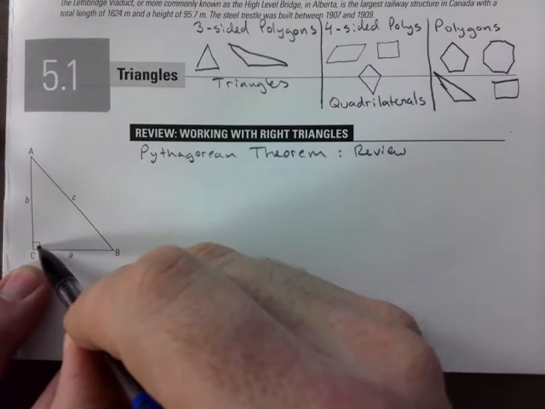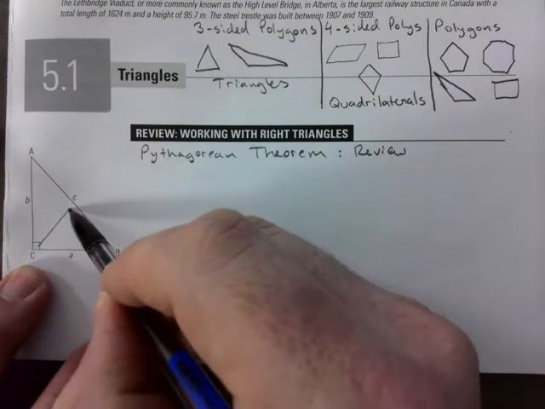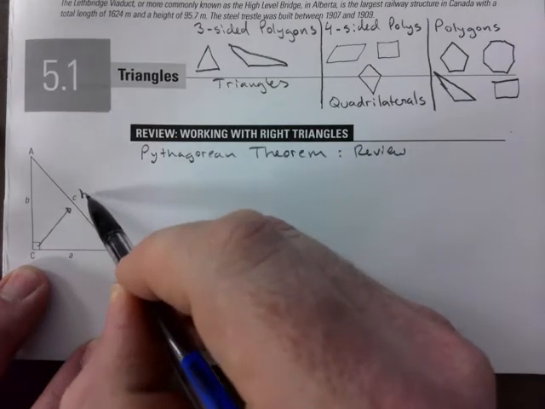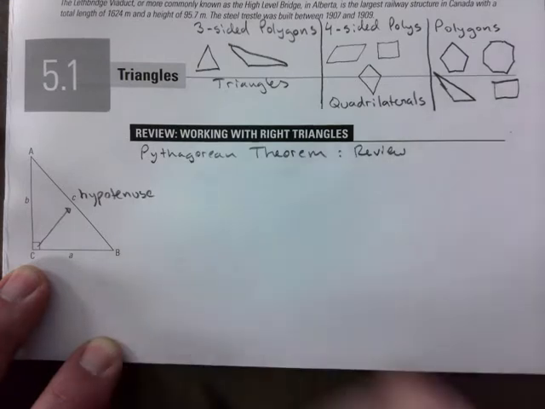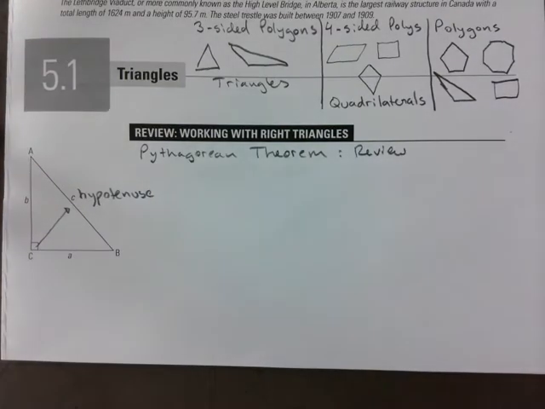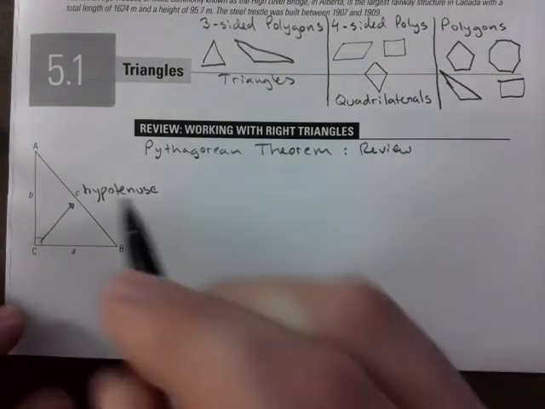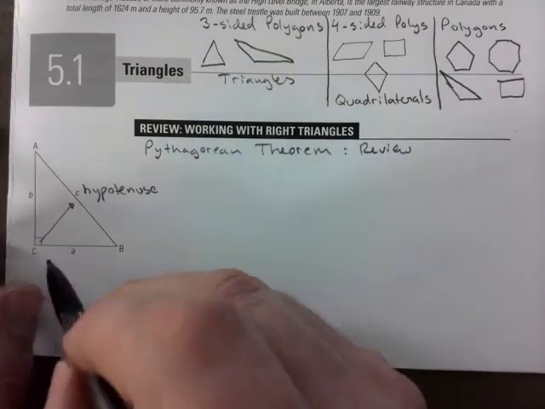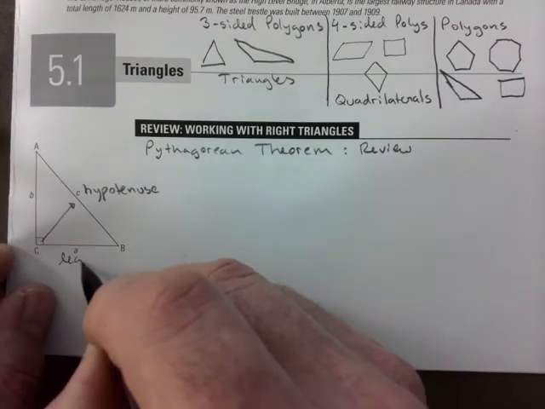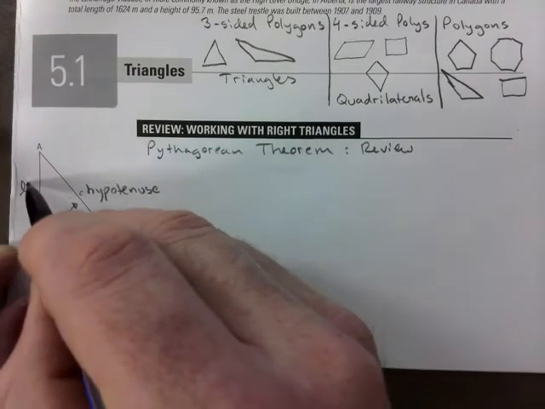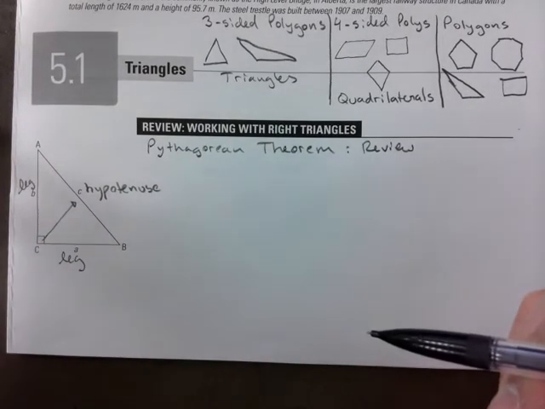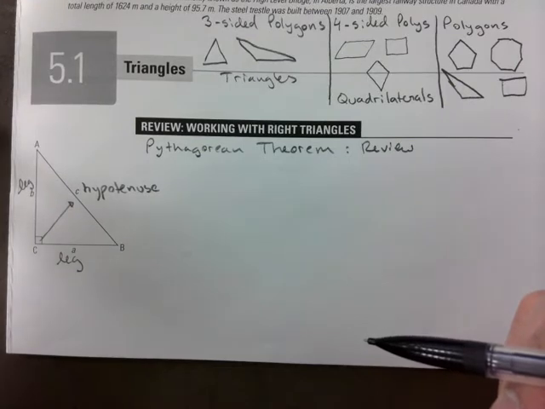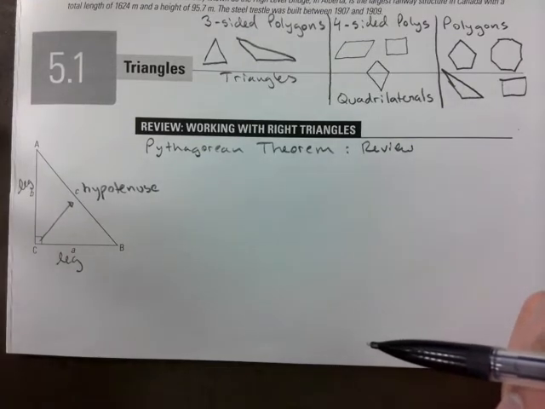So you find the box, you go across from it, that is called the hypotenuse. It's the longest side. No surprises there, right? The other two sides are called legs. So you call this leg, and this is the other leg. Don't worry about the letter. Worry about, is it the hypotenuse or is it a leg?